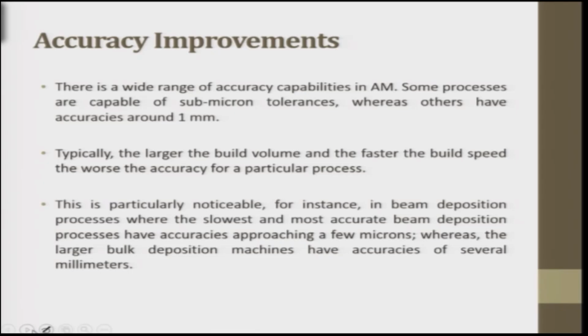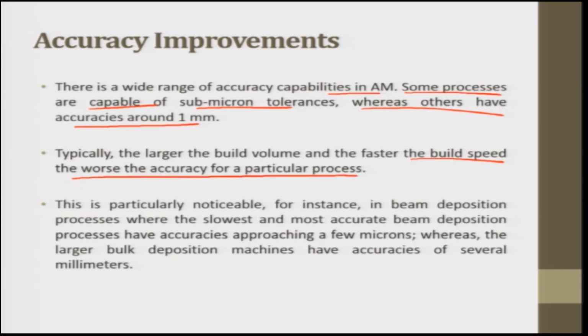Next is accuracy improvements. There is a wide range of accuracy capabilities in additive manufacturing. Some processes are capable of sub-micron tolerances, whereas others have accuracies around 1 mm. Typically, the larger the build volume and the faster the build speed, the worse the accuracy for a particular process.